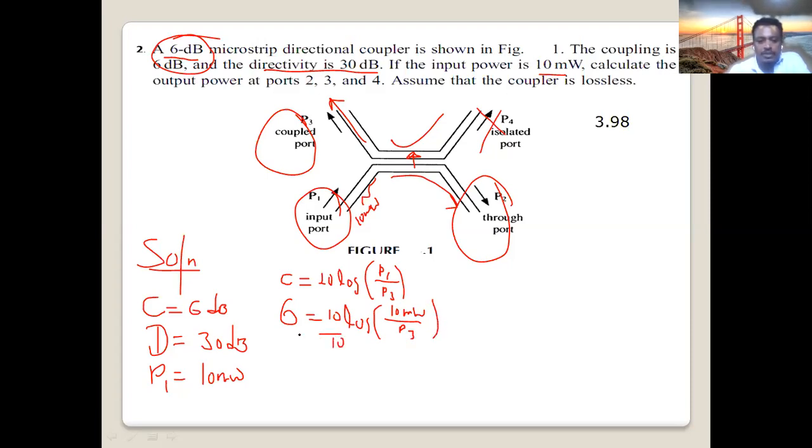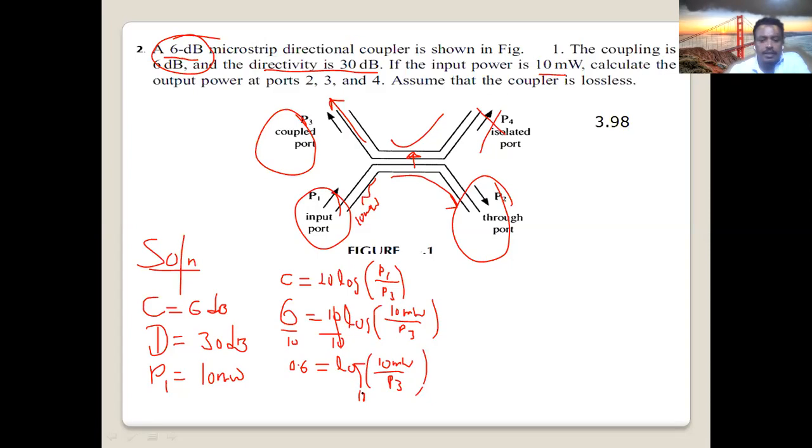Again, divide both sides by 10. The 10 gets cancelled. 6 divided by 10 is 0.6. Then we have log of the input, which is 10 milliwatt, divided by P3. Now this is log base 10.